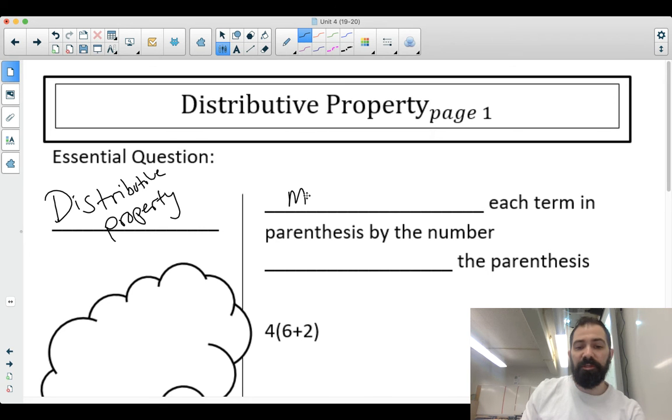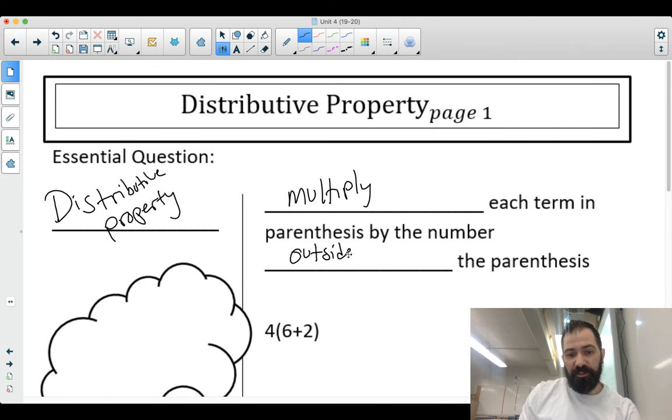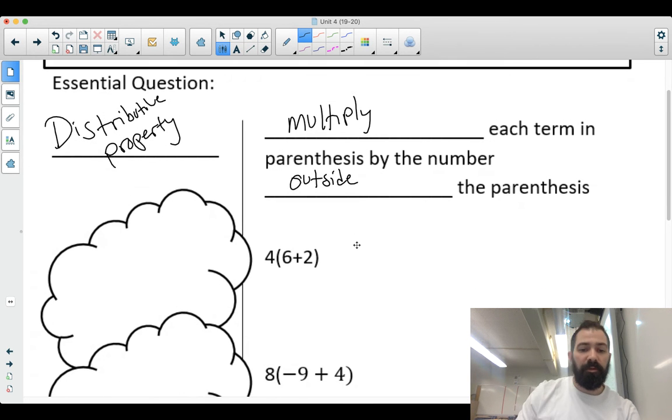What you want to do is multiply each term in the parentheses by the number outside the parentheses. Again, I could just do this easily: 4 times 6 plus 2. 6 plus 2 is 8, so 4 times 8. Let's do it with distribution.